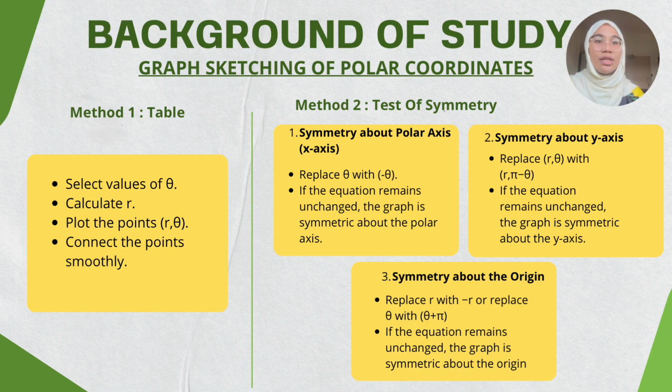If the equation remains unchanged, the graph is symmetric about the y-axis. For the origin, replace r with negative r, or replace theta with theta plus pi. If the equation remains unchanged, the graph is symmetric about the origin.